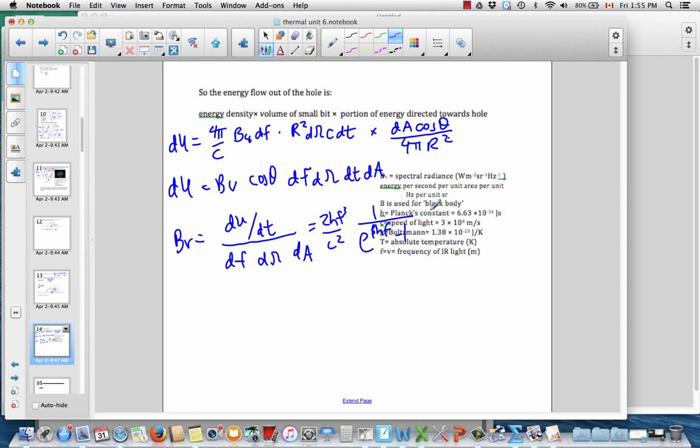And then there's a cos theta term that you apply when you're not looking at near normal incidence. So this is the watts of power, energy over time, per unit frequency, unit solid angle, unit area of surface. And I'll say it's given by the Planck function cos theta if you're looking at observation angle theta. This is what it would be at near normal incidence.